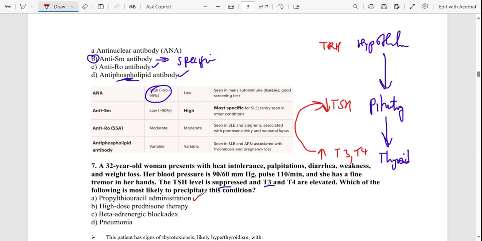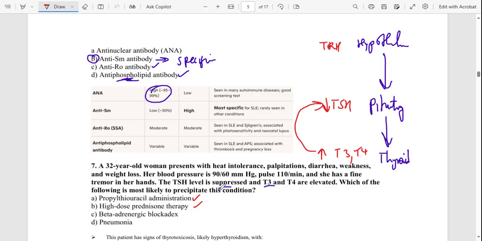Now, propylthiouracil, high dose prednisolone, and even beta adrenergic blockers are used in the treatment of hyperthyroidism. The beta blockers you actually use to treat the heart manifestations like the tachycardia in hyperthyroidism.